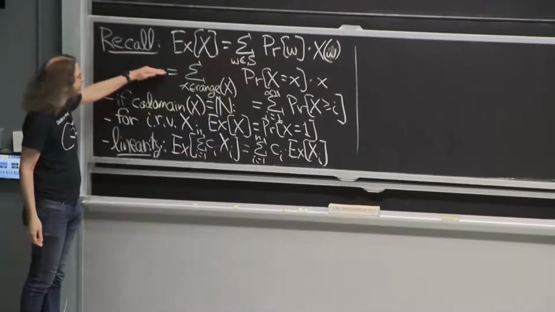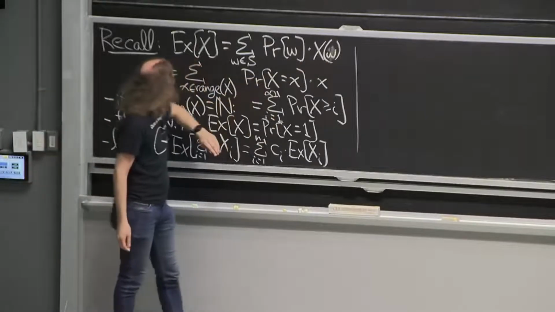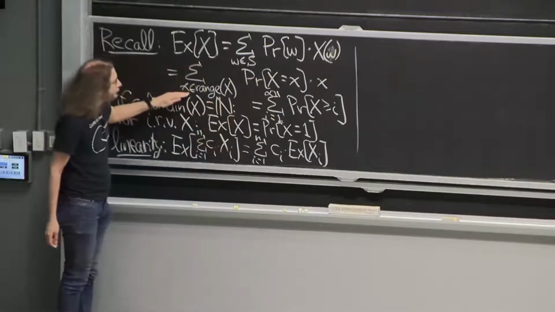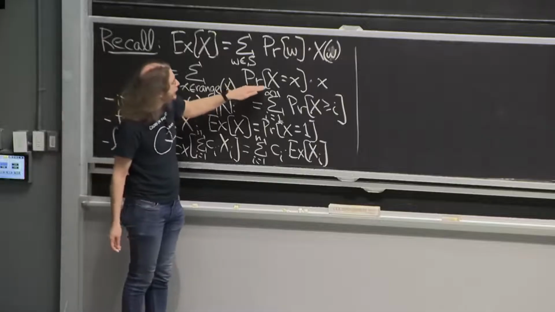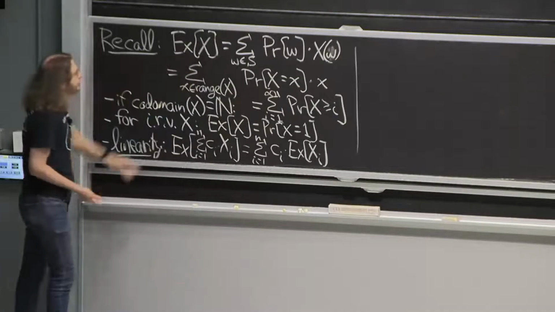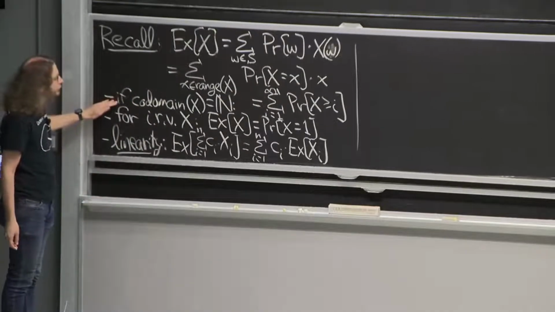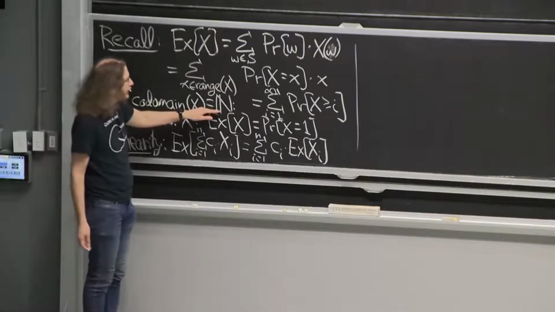Or we could rewrite that sum according to the distinct values of capital X, so sum over the range of X, and take the probability that big X equals little x multiplied by little x. That's equivalent.